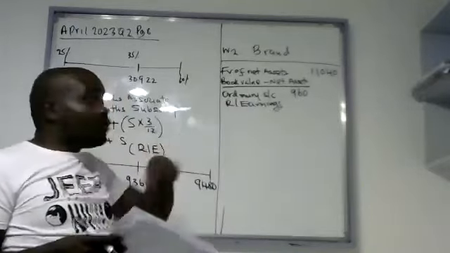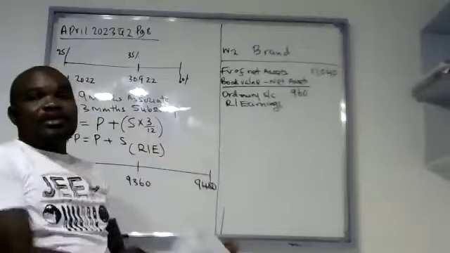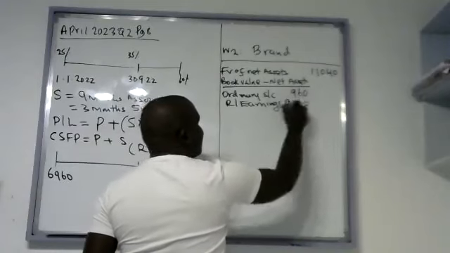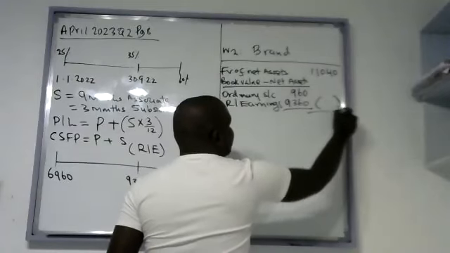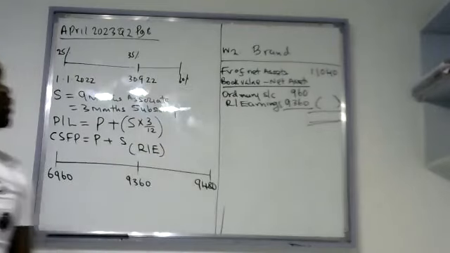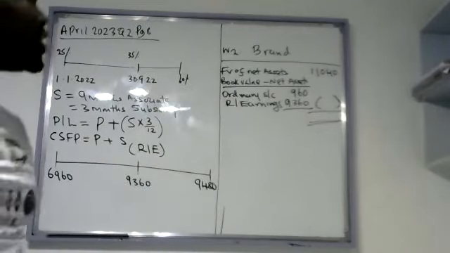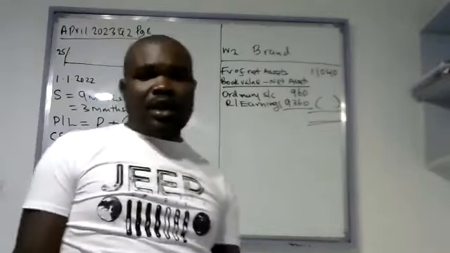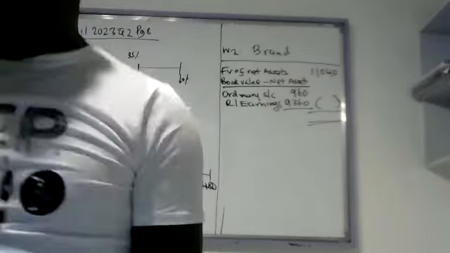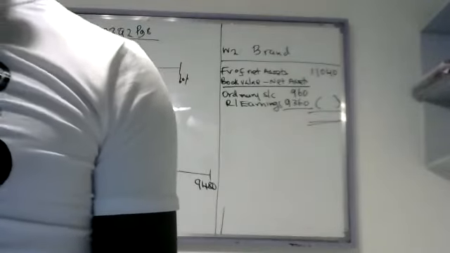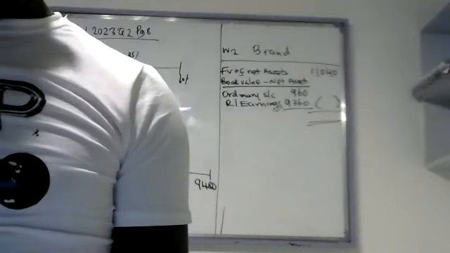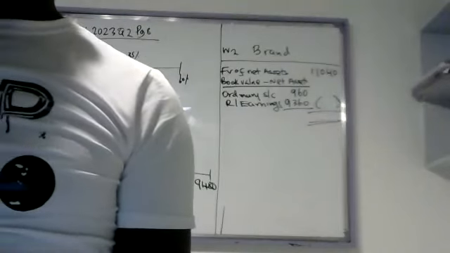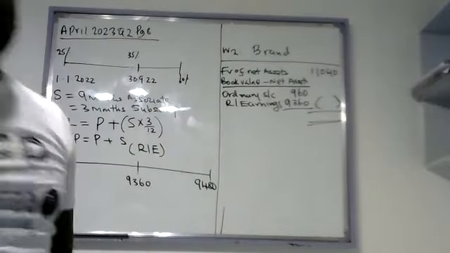Your balance sheet keeps changing with profit, but ordinary share capital is constant. So 960 plus 9360 gives 10,320.